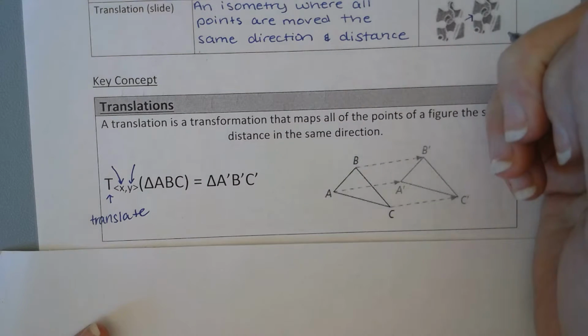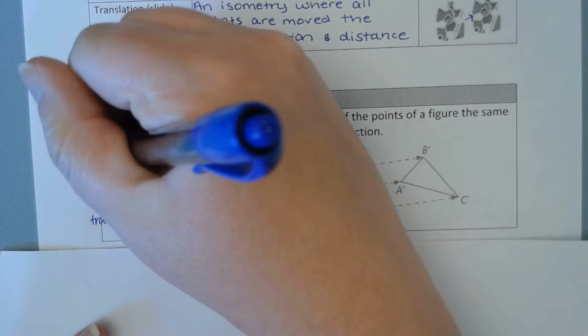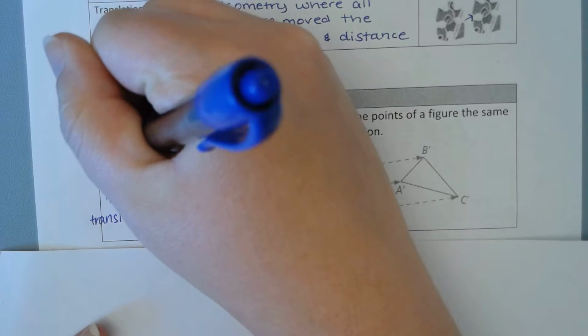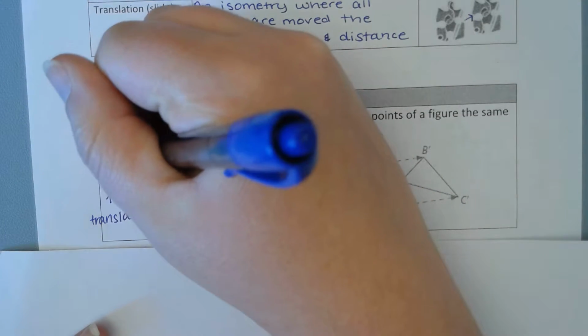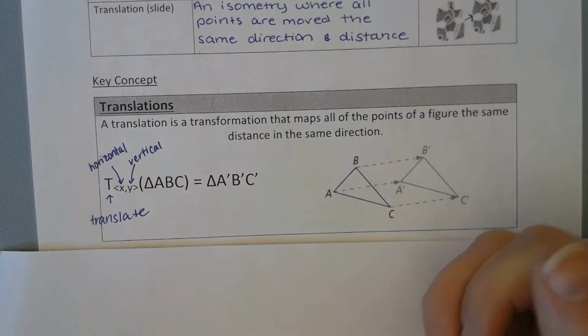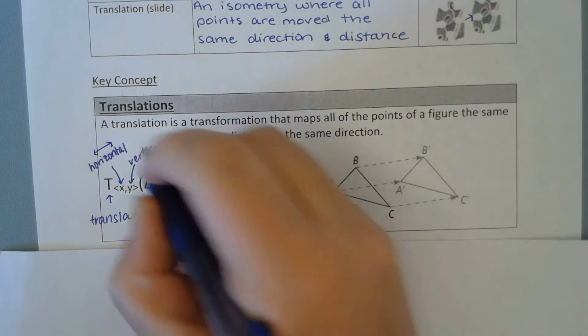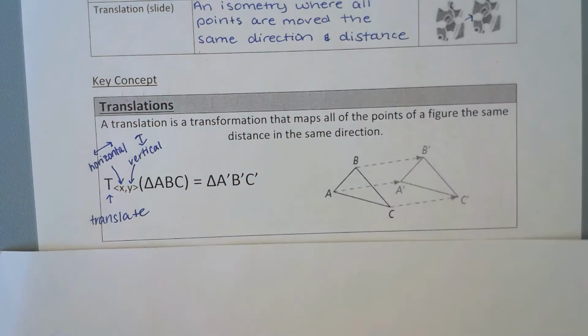That X there tells you to move horizontally. The Y number tells you how to move vertically. Now if you forgot, horizontal is your side to side movement, vertical is your up and down movement.